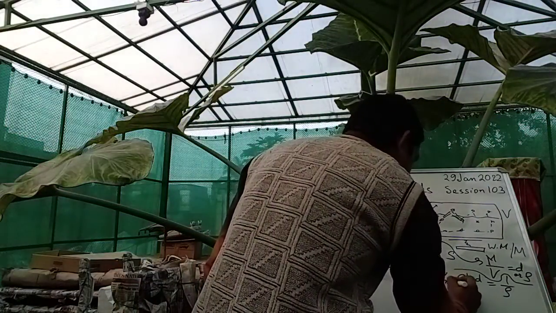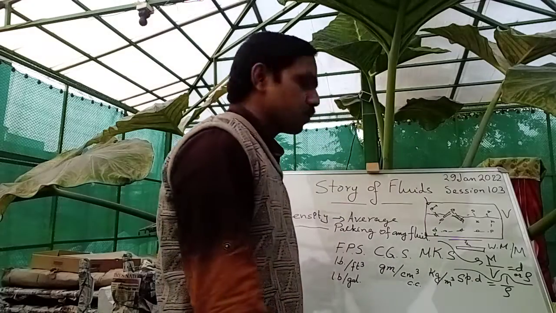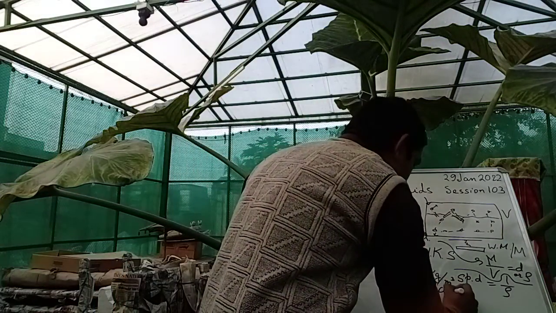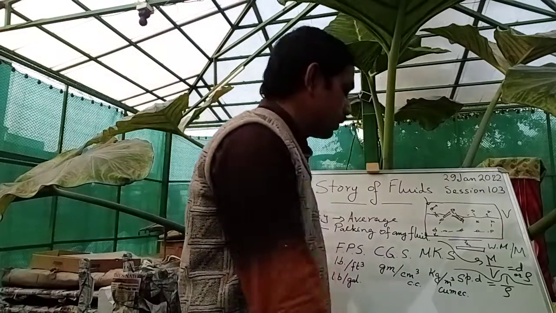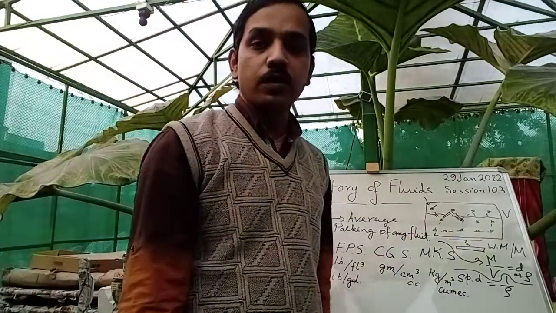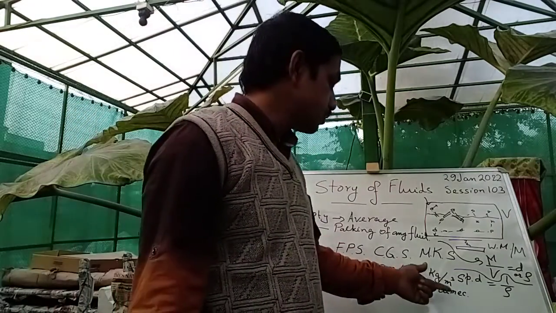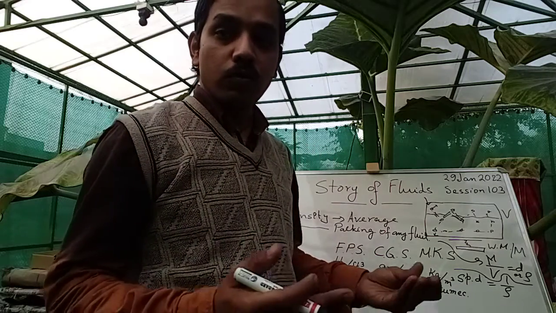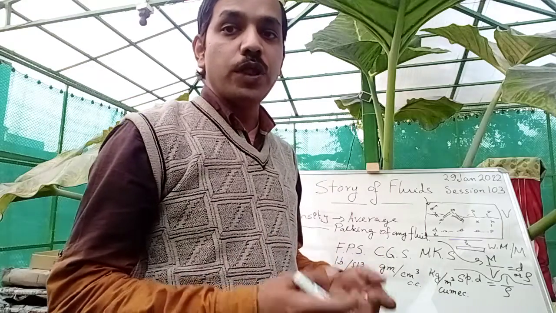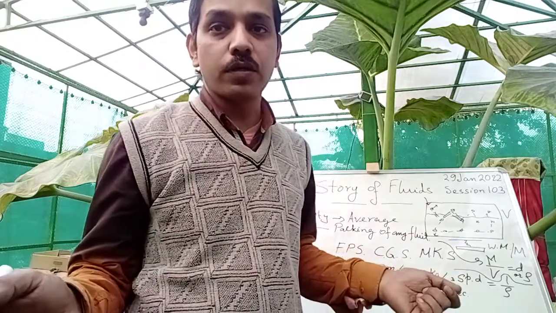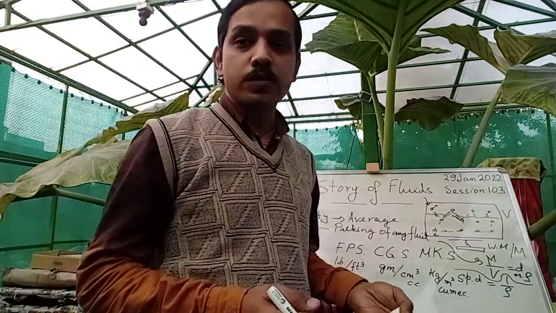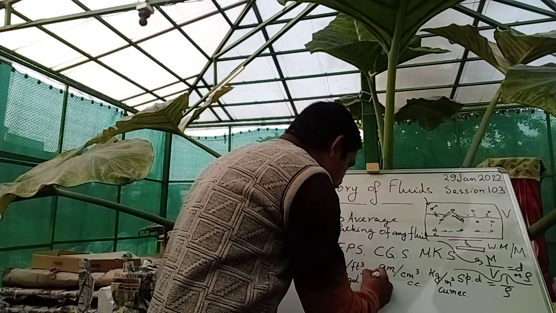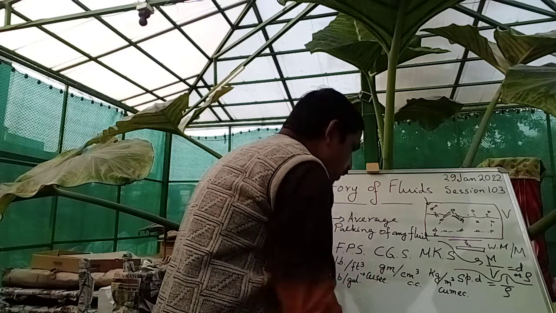So we generally use the meter, meter cube, or sometimes we use this unit cubic meter, and it is a very general term for the volume, because sometimes in hydrology or in hydro power, we store the water in millions of cubic meters.